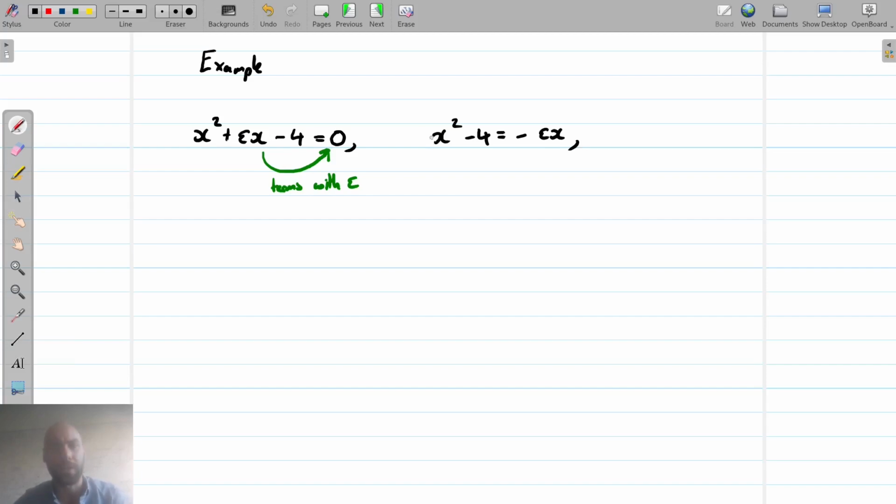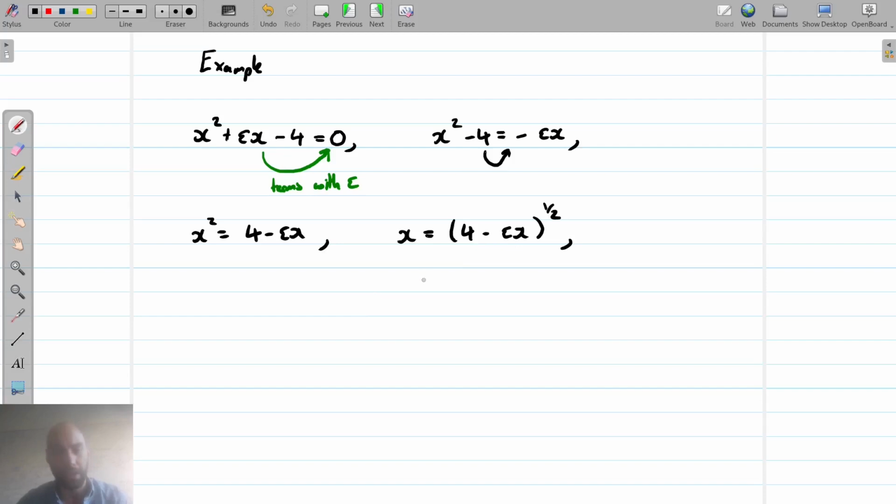Then I want to get x equals something. So a little bit of rearranging again, you can bring your 4 across. You end up with x squared is 4 minus epsilon x, and that means x equals 4 minus epsilon x to the half, because we square root both sides.